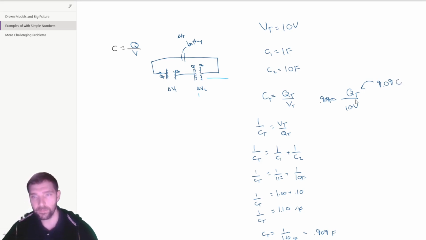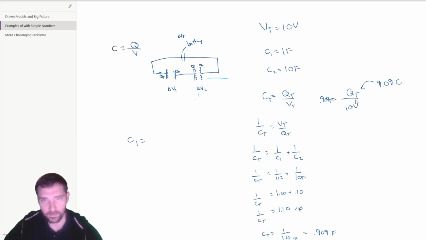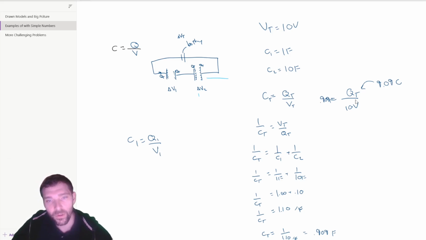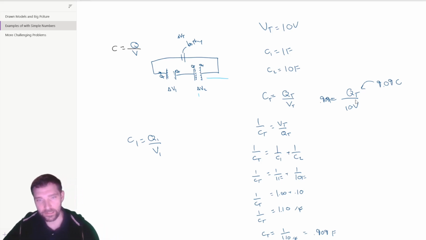coulombs. And we can then go back to the C1 and C2. So in the context of this problem, C1 is equal to the QT, which is the same as Q1, and this is going to be over the voltage total, or you can think of that as voltage 1 actually in this context here. Yeah, because it's not V total. So this is kind of like the QT, and it really is over V1.